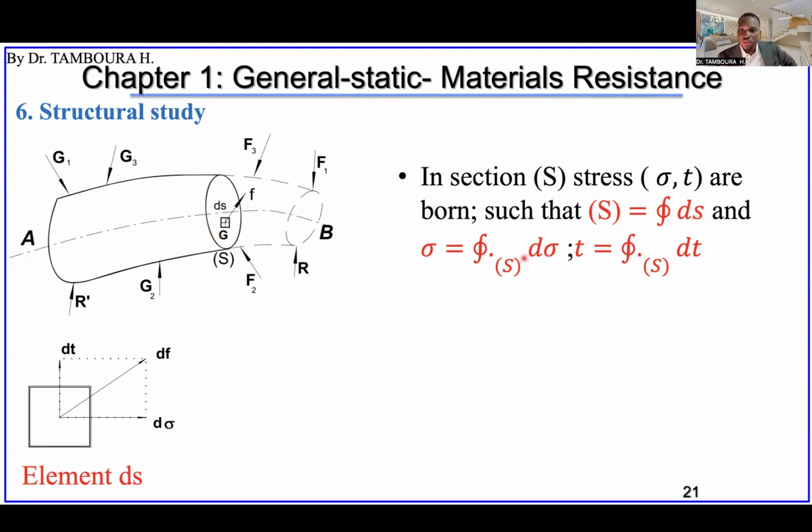And by integrating the normal stresses for each small element ds, we integrate all of them, we will have the total normal stress. By also integrating all the elements for shear stress, we will have the total shear stress, shearing stress.